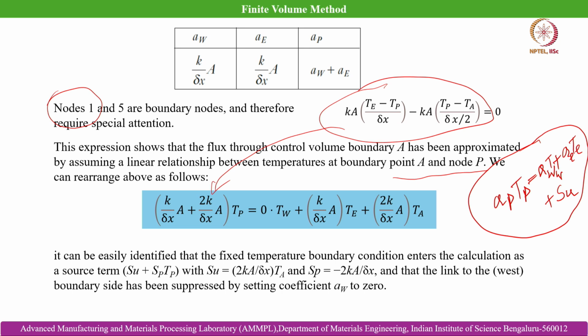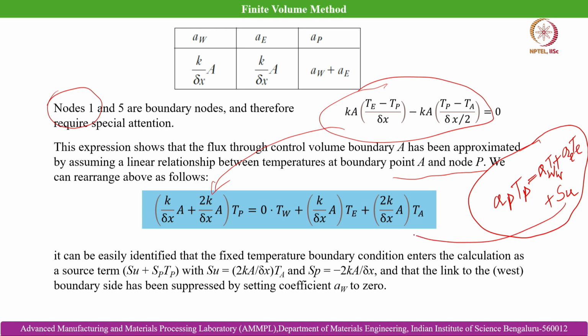From here we can identify the individual values of these coefficients, that is AW, AE, AP, as well as the value of SU. Because we have to treat this case of fixed temperature boundary condition near node 1 as the source term, that is SU plus SPTP. From this equation we can identify SU.